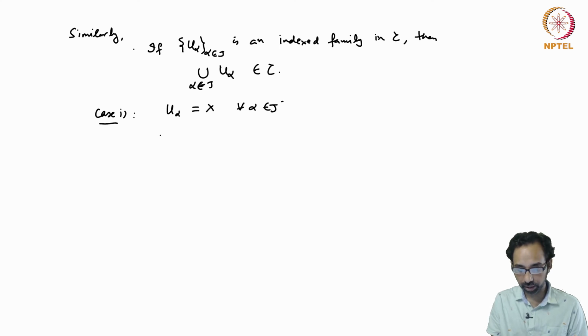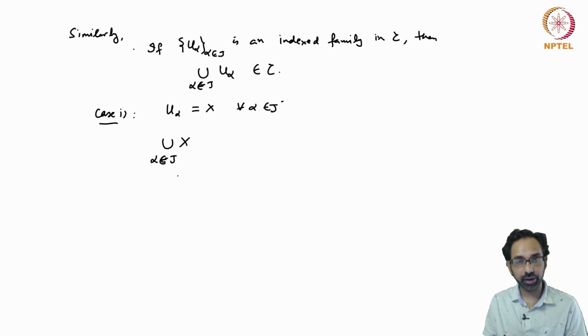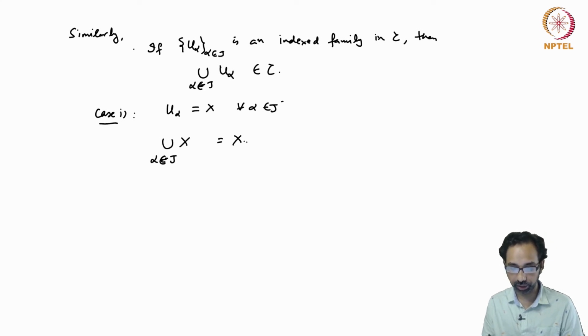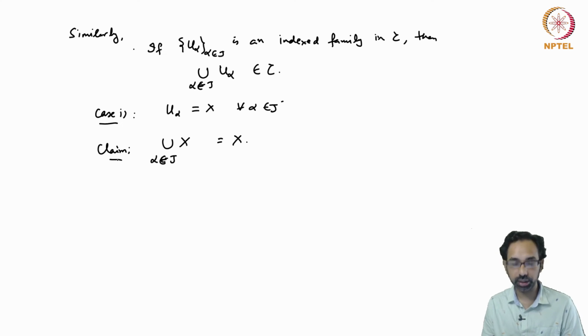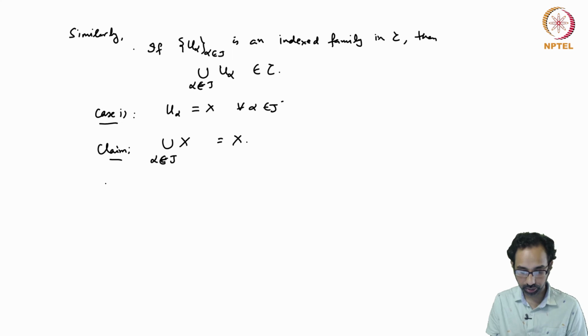We have only X's, so the union of X over alpha in J is exactly the set X. Why is this true? Well, let me show. I claim this, and we can use the definition of equality of two sets to show this.